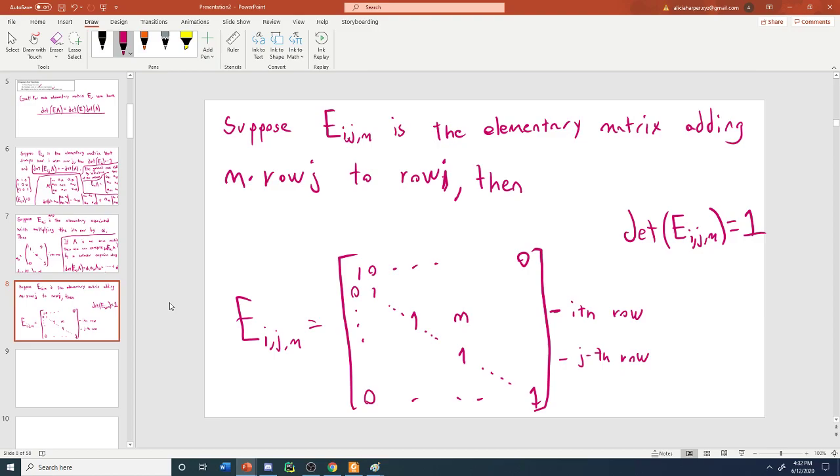And that again follows from the statement we proved last time. Now, the next thing we need to do is take an n by n matrix A, and show that the determinant of E_{i,j,m} times A is simply equal to the determinant of A. Now I'll do that on the next slide.